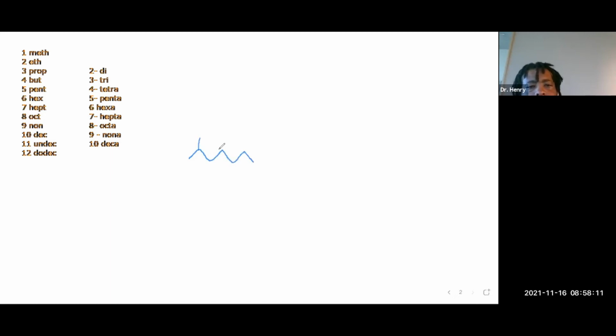Sometimes we have side chains. These are called substituents. In this one, we have one carbon that sits off of the middle. The way we would do it is find the longest carbon chain that we can have.